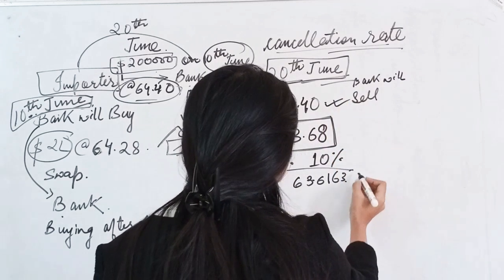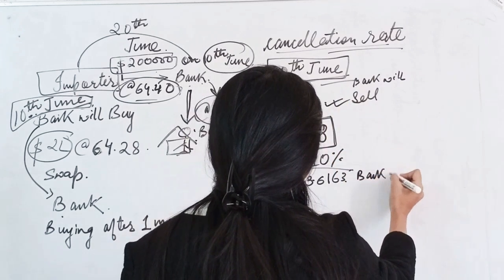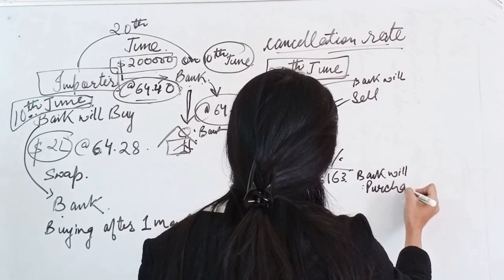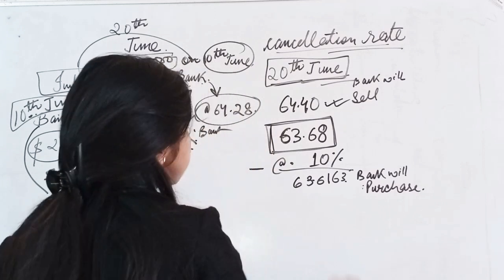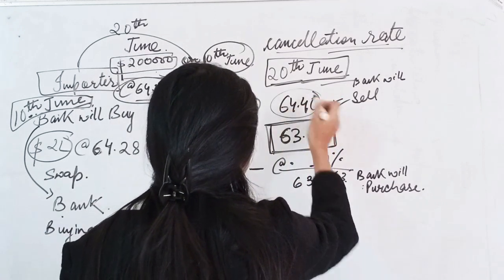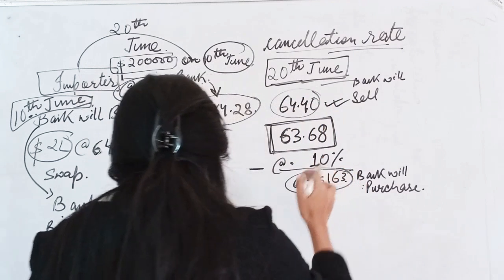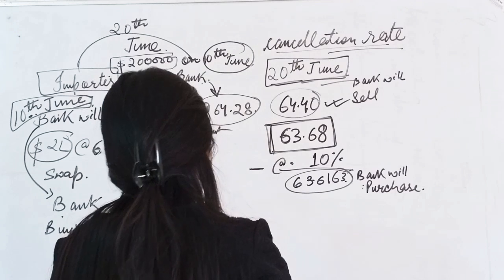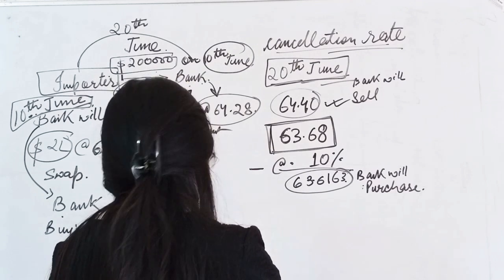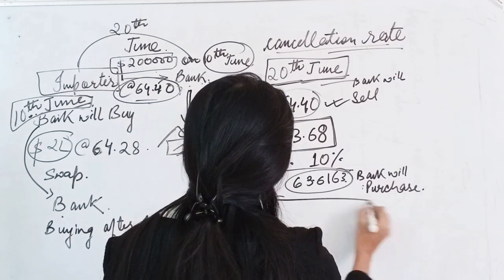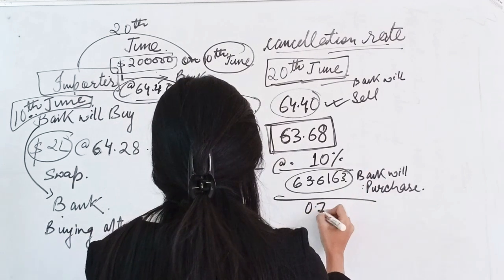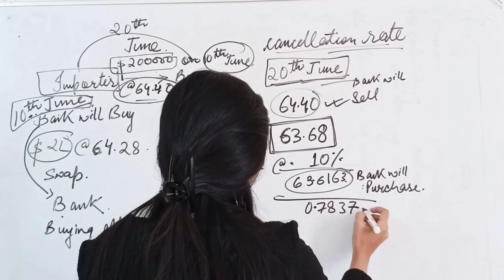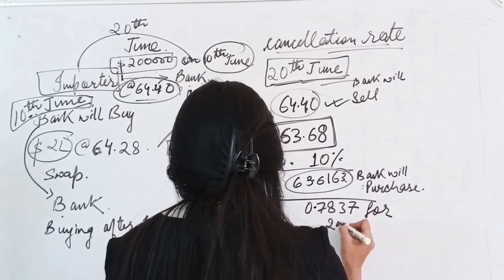The bank will sell at this rate, and the bank will purchase it back at this rate. So here we net off 64.40 and 63.6163. What will we get? 64.4 minus 63.6163, in net we get 0.7837 for $2 lakh.